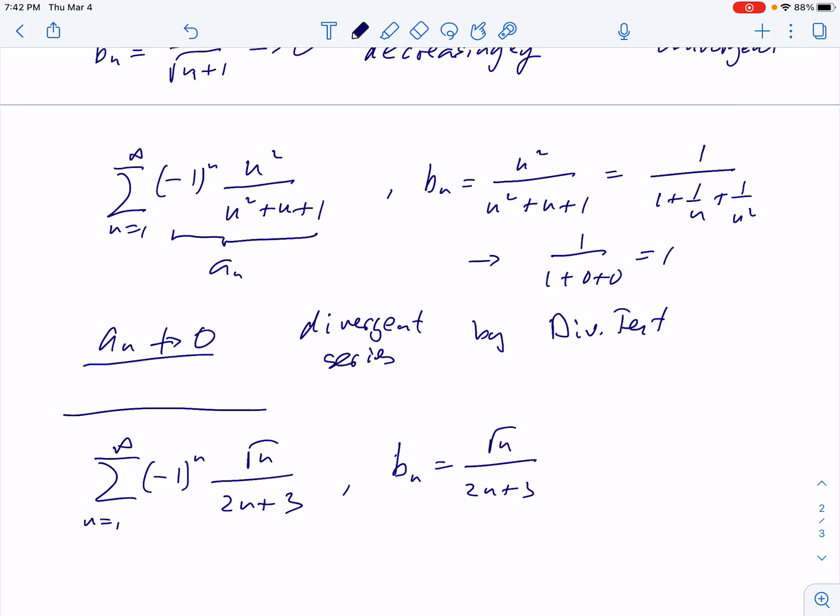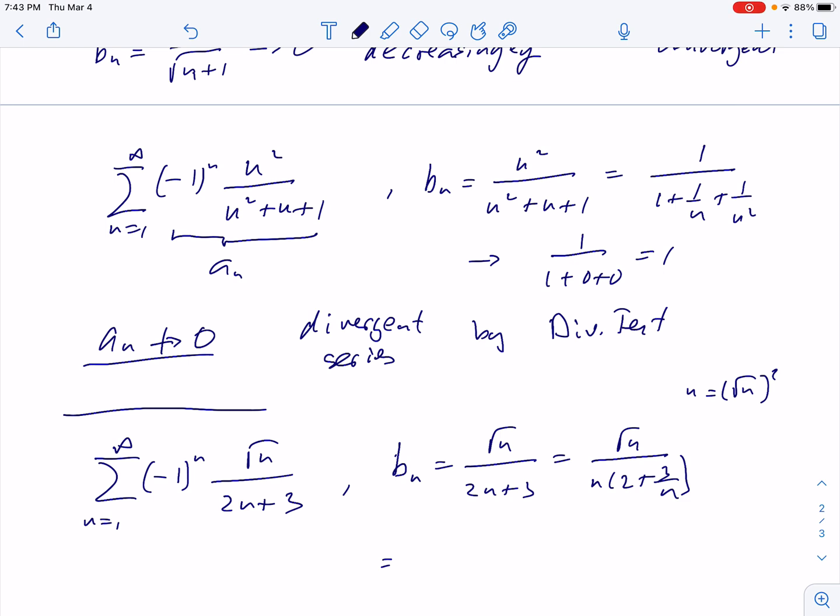If you factor, let's do it this way. If you factor n from the denominator, you can write it n times (2 plus 3 over n). And then n here you can write like square root of n squared.